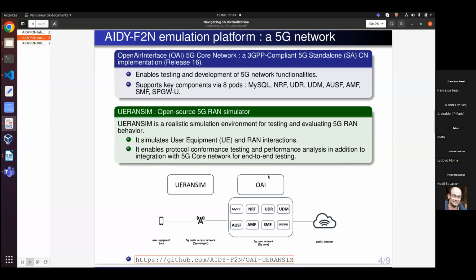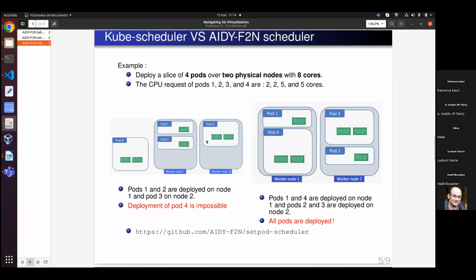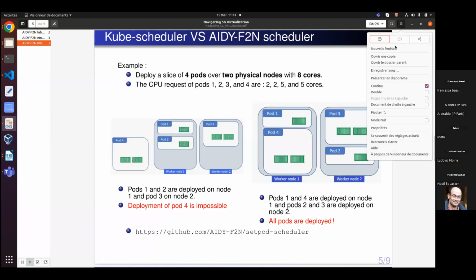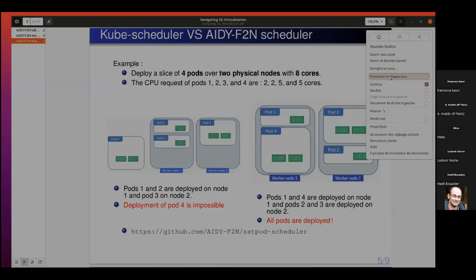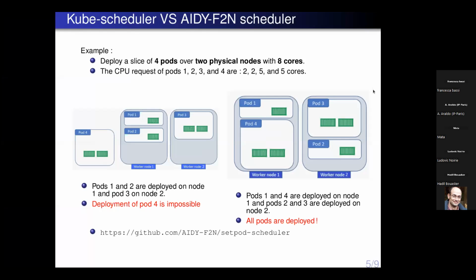In the second part, I'm going to talk about our Kubernetes scheduler. As you can see, we are deploying a core network of 8 pods, and the default scheduler of Kubernetes does this pod by pod, without taking into account the whole core network.